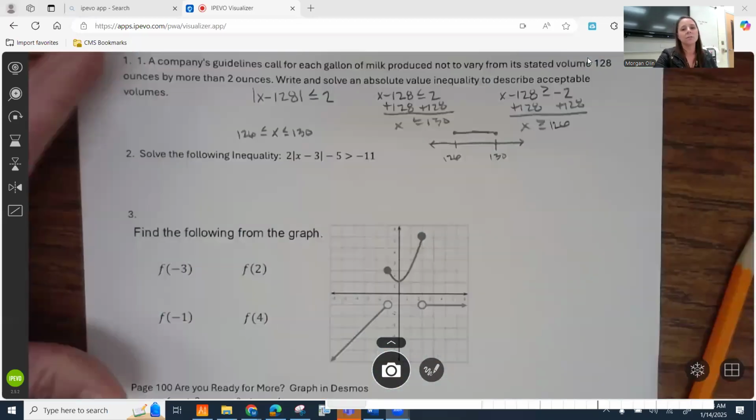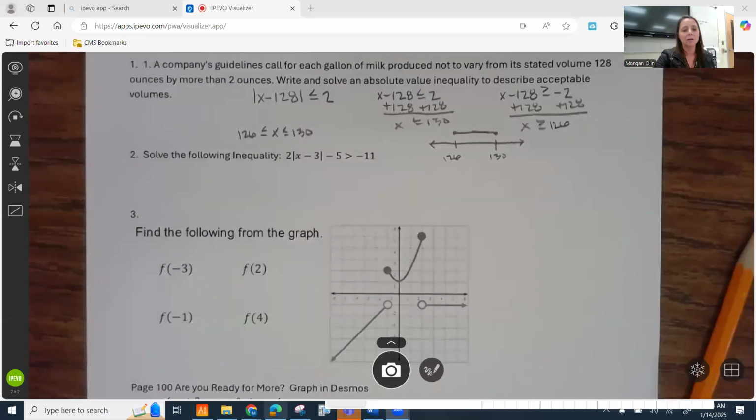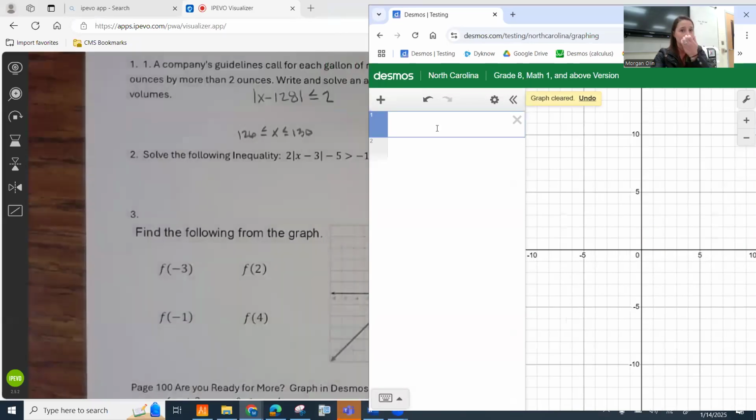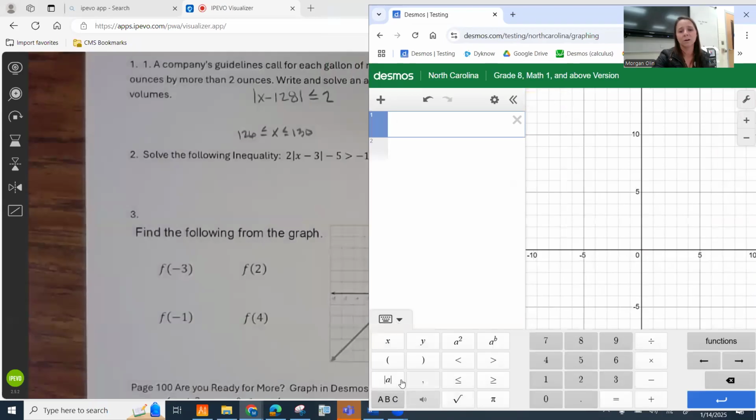We can also solve these, instead of by hand, using Desmos. So here we've got Desmos. If I say absolute value, don't forget absolute value is on the keyboard right here. Then I hit x minus 128, arrow over, and say less than or equal to 2.